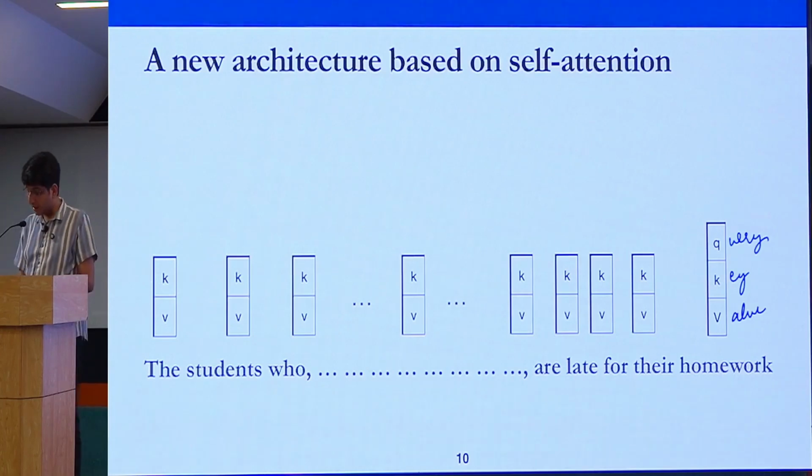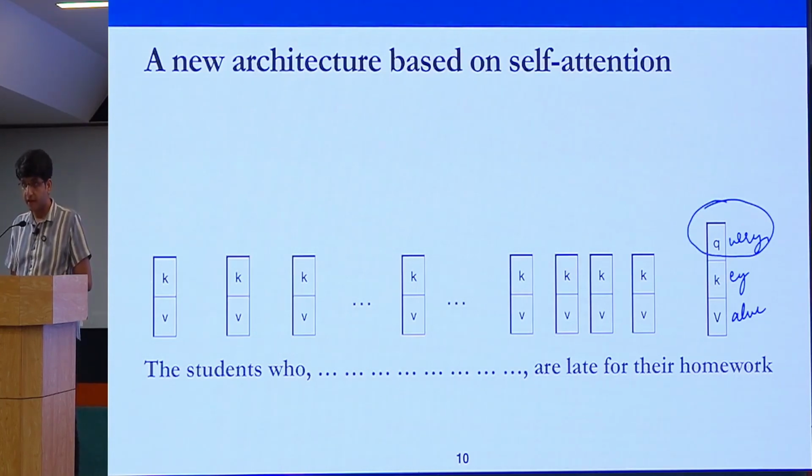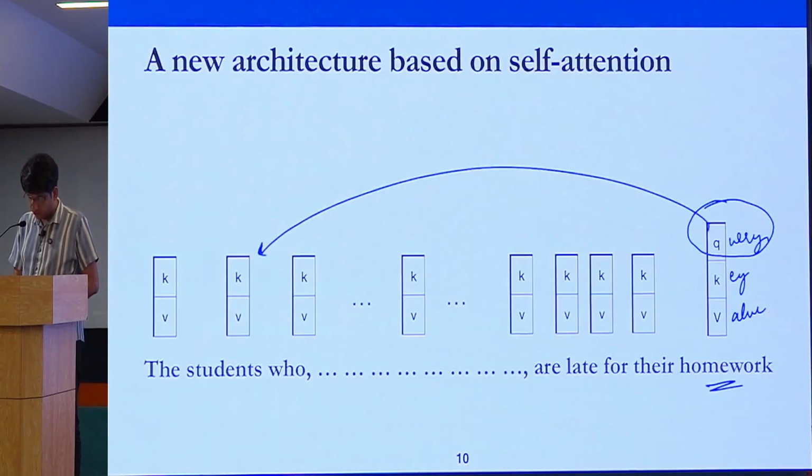The query of a particular word, which is a vector like an embedding, looks at the keys of all other words including itself, and identifies a match, similar to the lookup match we were talking about. Once you normalize that, that becomes your attention vector. Based on how this homework query matches with the key of the students, you get a number like 9.2.